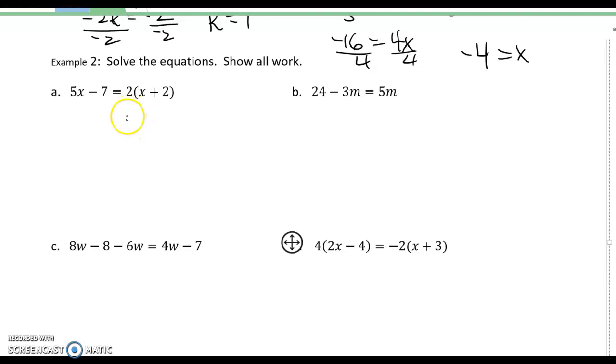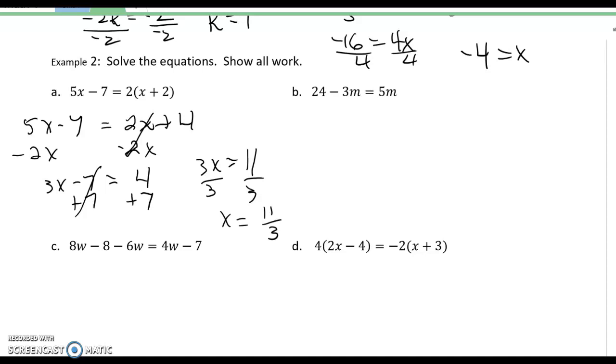When we do that, we get 2x plus 4. Now with both sides totally simplified, we think about getting all the x variables to one side. We're going to subtract 2x from both sides because I want my variable to be on the left. Undo operations to isolate the variable. We get x is equal to 11/3.